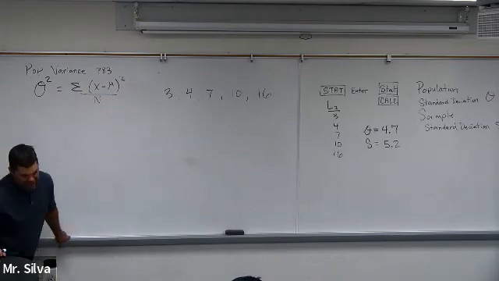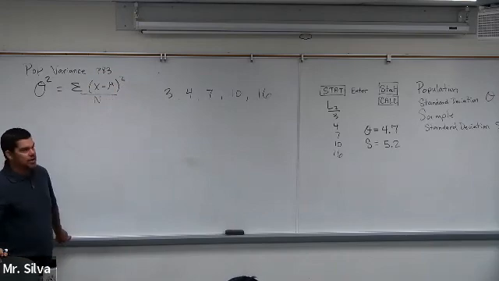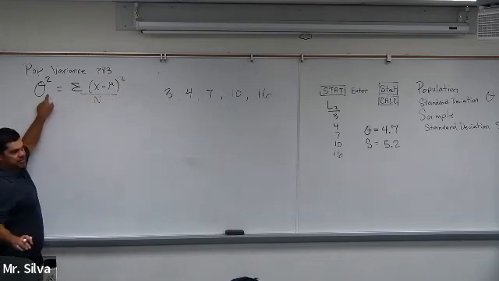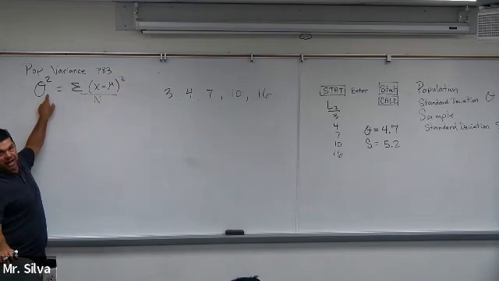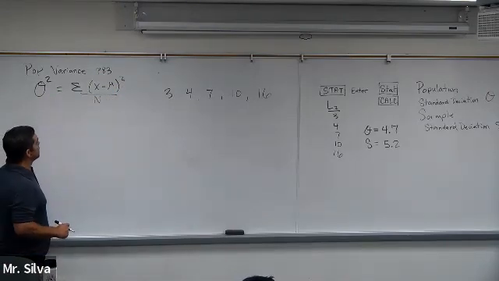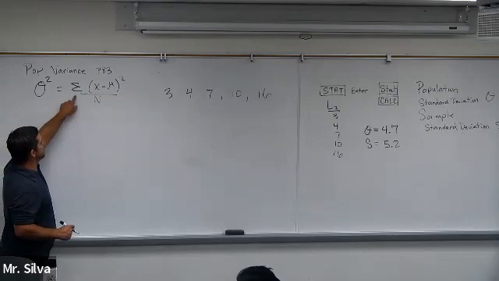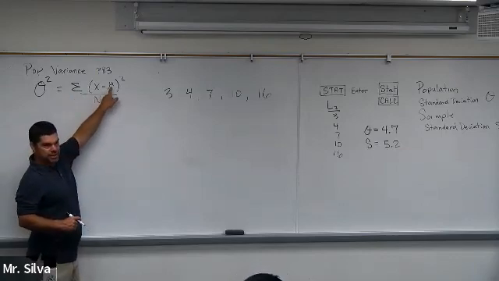They use a capital N regardless. Again, that symbol is called sigma. My students like to call it the O thingy. Call it the O thingy if you want to. It's a sigma, it's a Greek letter. This is a summation. That's the mu. That's the mean.